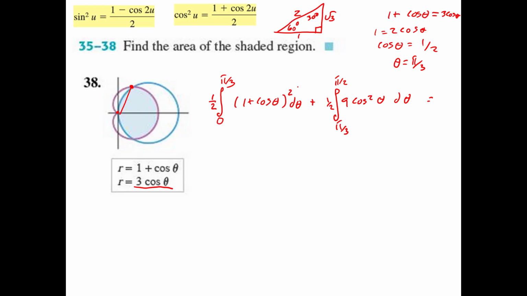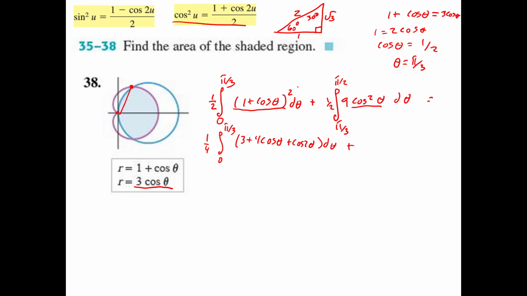For this first integral, we've already done this exact same integrand 2 times, so I'm just going to jump through all the hoops. And so then this becomes 1/4 the antiderivative from 0 to pi over 3 of 3 plus 4 cosine theta plus cosine 2 theta, d theta. Same thing for this one.